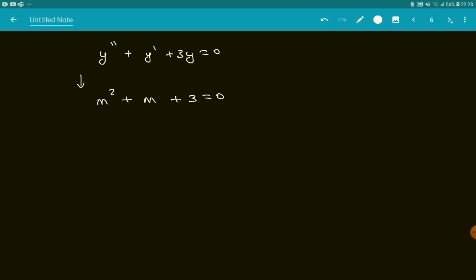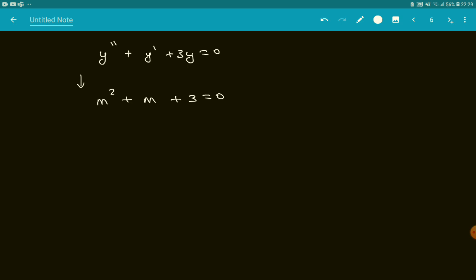From here we need to get the root. Let's get the root by calculator. By the way, if you don't know how to use the calculator to find the roots, you press the mode button on your calculator, then in number 5 it says equation, then you choose the third one.